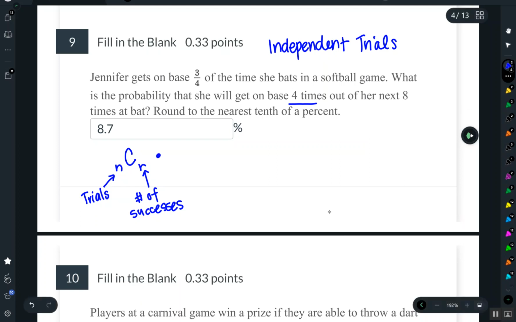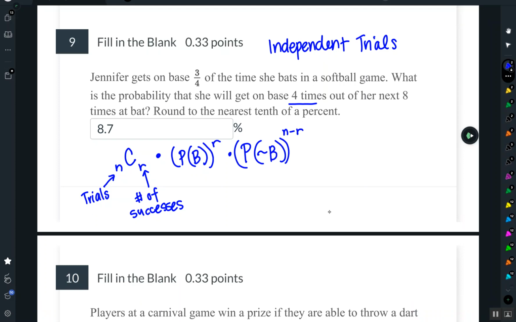Then you multiply that times the probability of, let's say, B for getting on base. That's the event we're trying to get, the success, to the power of r, which is how many times we want that to happen, times the probability of the opposite, which is not getting on base, to the rest of the times, and you just subtract n minus r to see how many times are left.